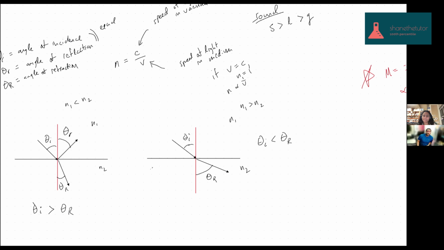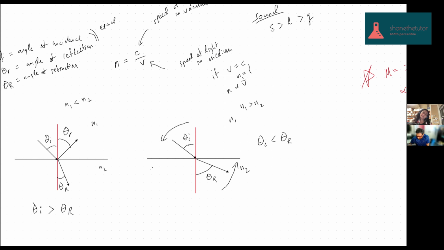Now let's see. It seems like if we increase the angle of incidence, the angle of refraction should increase too, right? Like if I increase this way, this would increase that way.